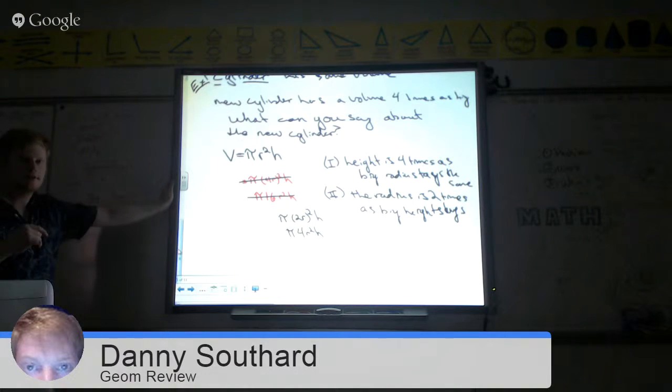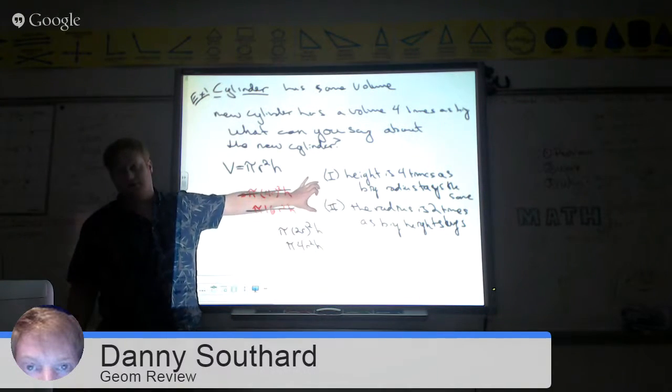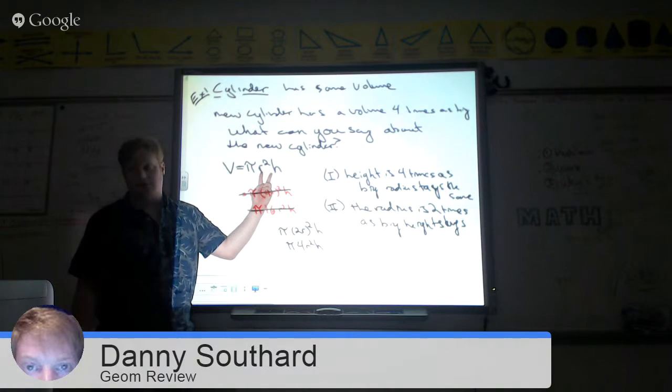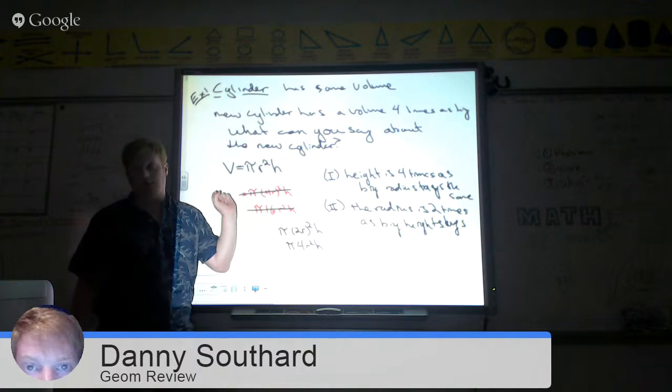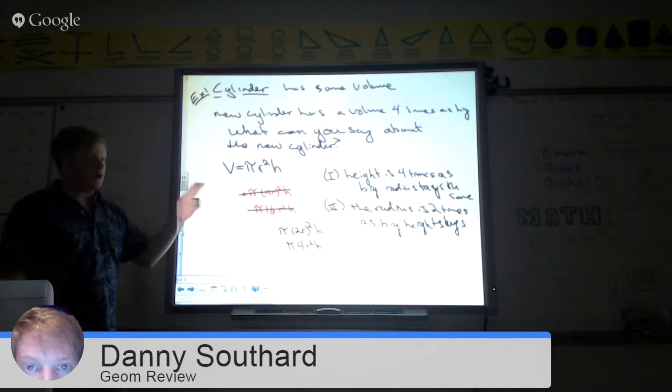Okay, so, volume. Would everything stay the same besides the height? These are the 2 possibilities. I have 2 dimensions in the volume of a cylinder that I could change, so there are only 2 possible changes I can make: change the height or change the radius. It's one or the other.